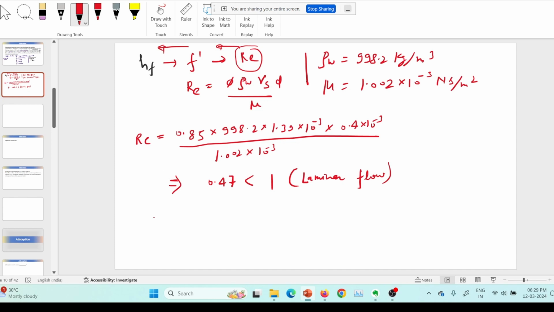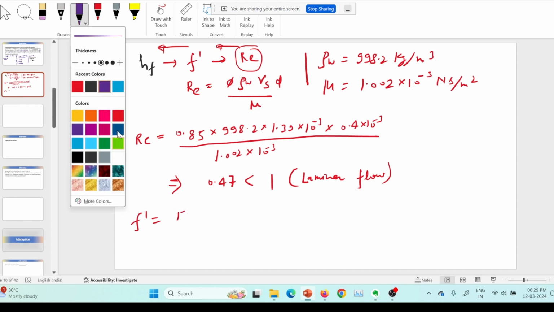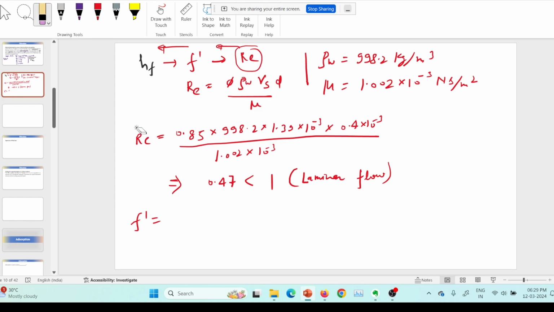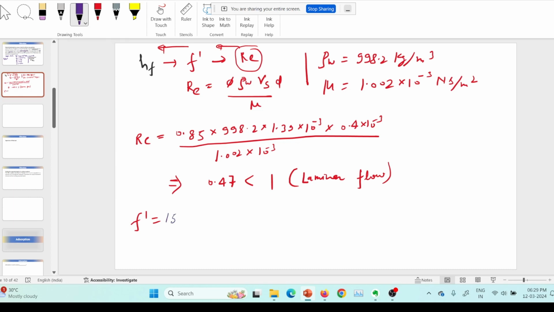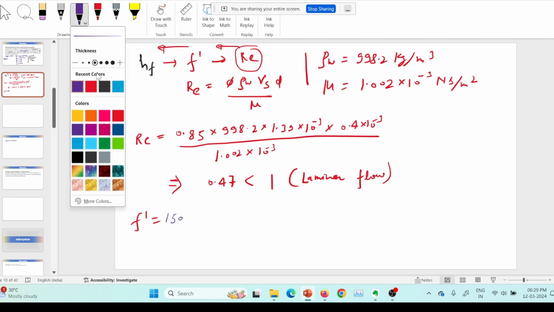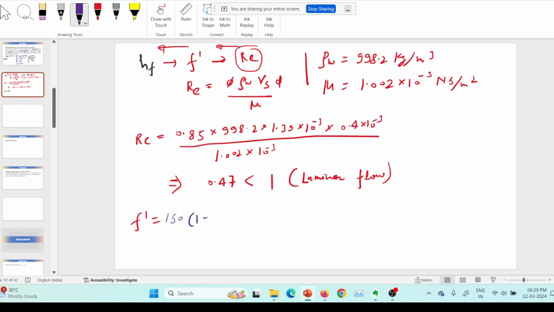The formula of F dash is 150 times (1 minus E) by Re, plus 1.75.